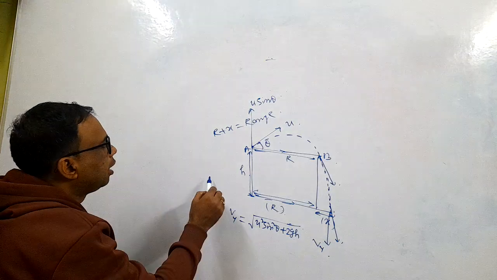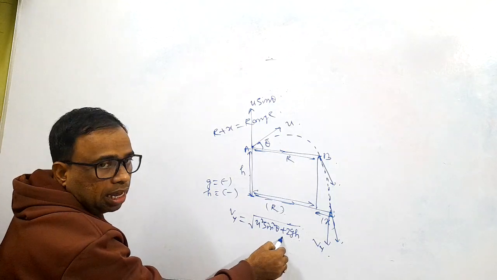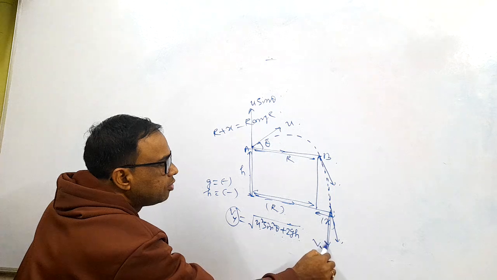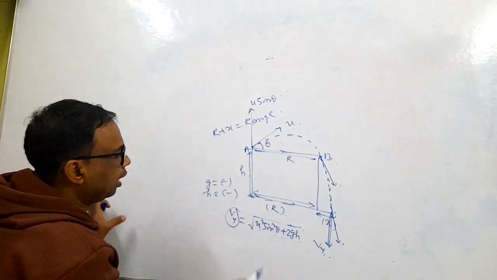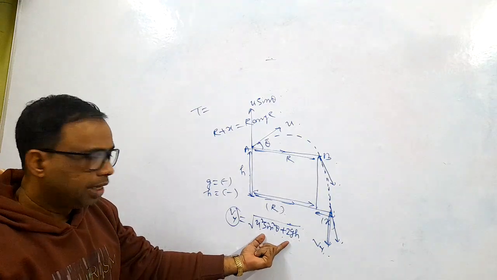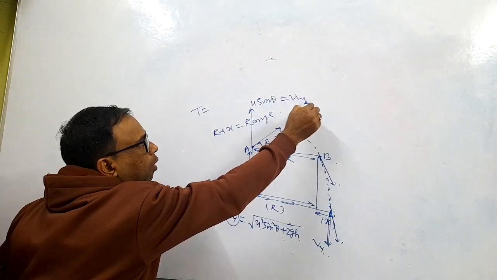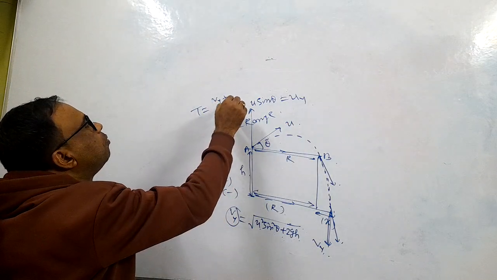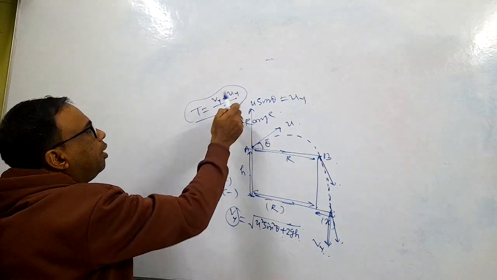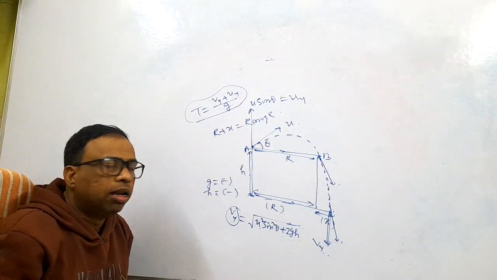Here g is negative, h is negative, so minus minus plus. So we get the vy, that is the striking velocity of the particle, and time of flight t equals vy plus uy, where uy is the initial velocity along the y-axis, divided by g, that is the time of flight of the particle.